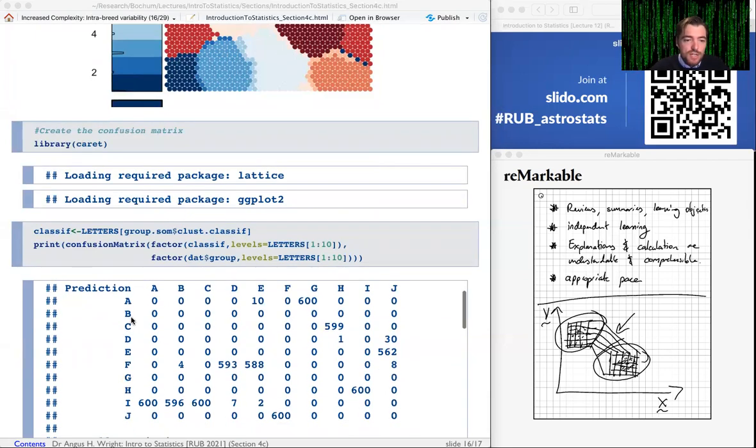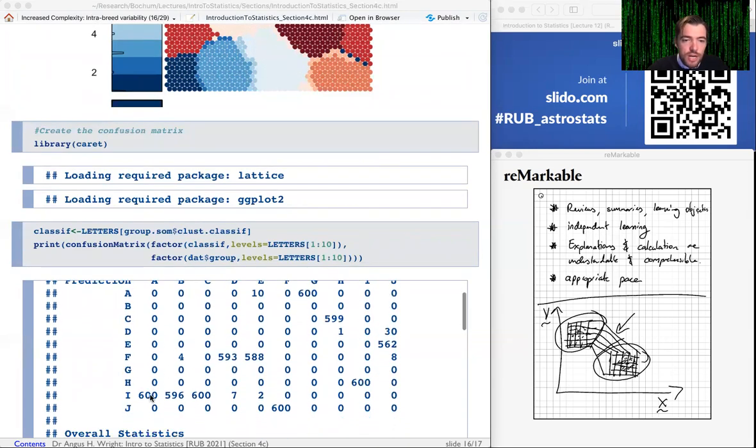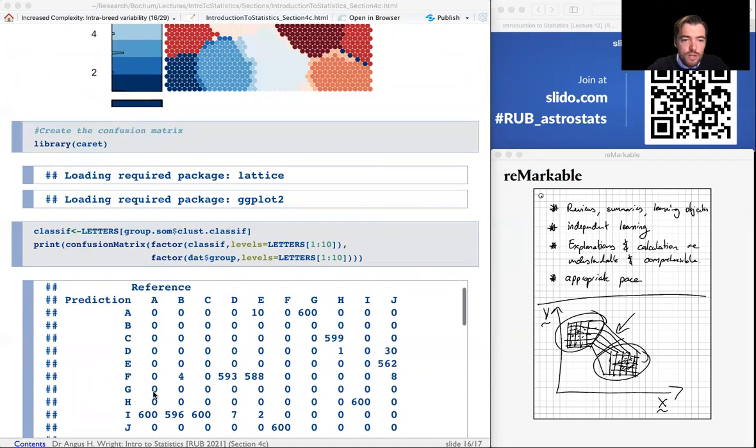Okay, so we can basically go down the reference axis and ask the question, how many objects were assigned to a particular group from that reference? And you see that, okay, A was assigned to group I. Good. But B was also assigned to group I. Less good.